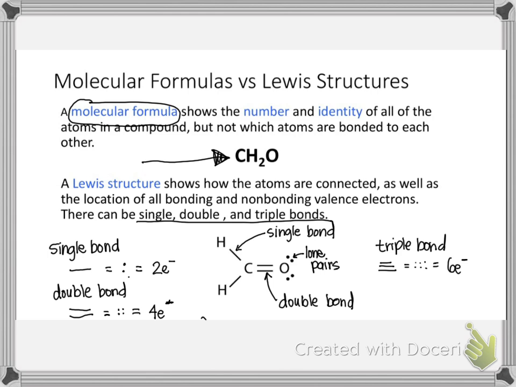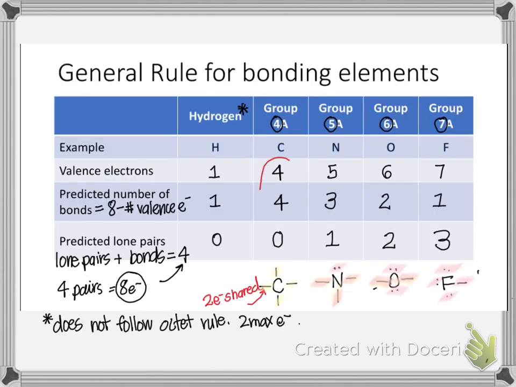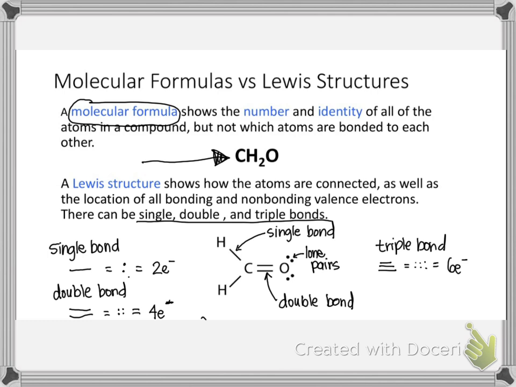Now, I want you to notice with carbon, remember we predicted on the previous slide that carbon would have 4 bonds and 0 lone pairs. So if we look here, the 4 bonds doesn't have to come as all single. Like here we have 1, 2, and then a double bond would be 3, 4. So when they talk about how many bonds, it can come in as a single bond, double bond, or triple bond.